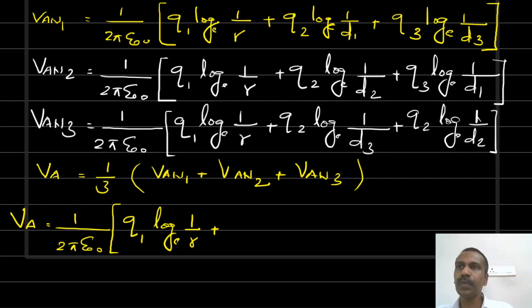plus, if we look at these three terms, Q2 into log 1 by D1, log 1 by D2 plus log 1 by D3.